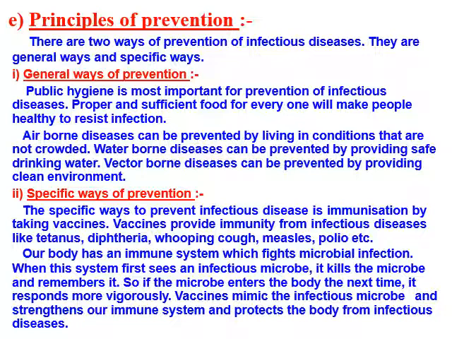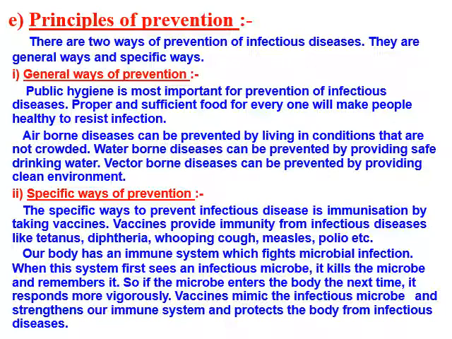So, the principle of prevention: how we can keep ourselves safe or prevent ourselves from infectious disease. We are preventing the corona infection by using masks, sanitization, social distancing. So, these are the preventive measures.